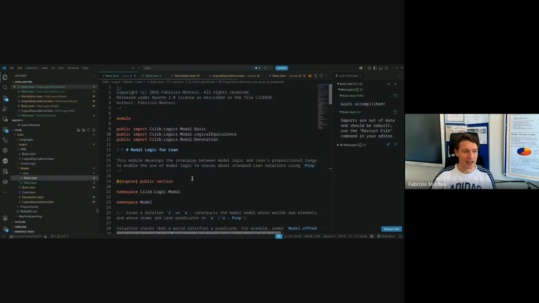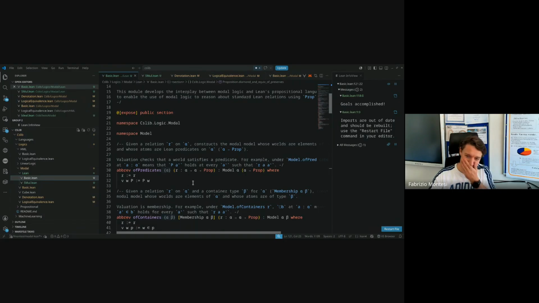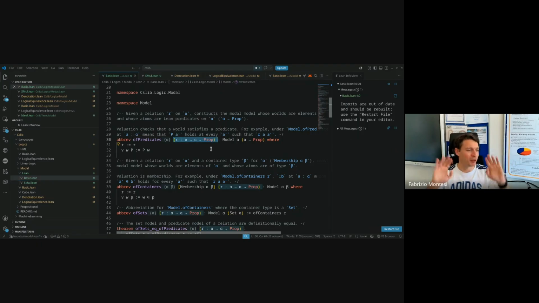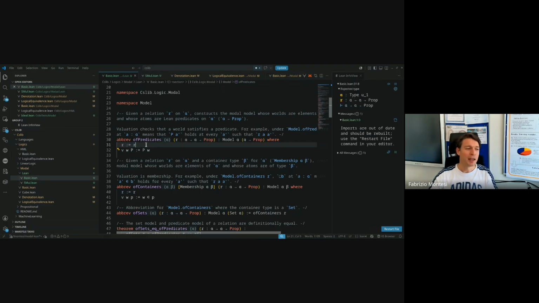It turned out to be quite interesting. There's now a wonderful Lean file inside of modal logic. There are at least two very interesting ways to reason about Lean using modal logic. One is you give me any binary relation, and I give you a model. In the model, the relation is the relation you gave me, and the valuation is that every atom is a Lean predicate that tells me whether the predicate holds at the current world.